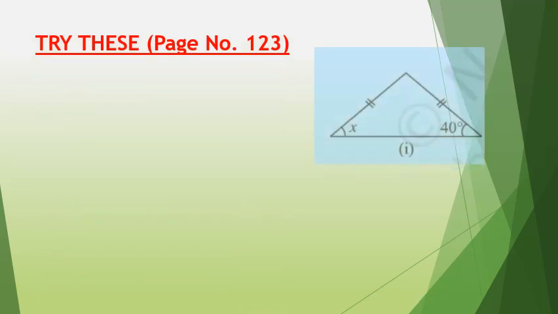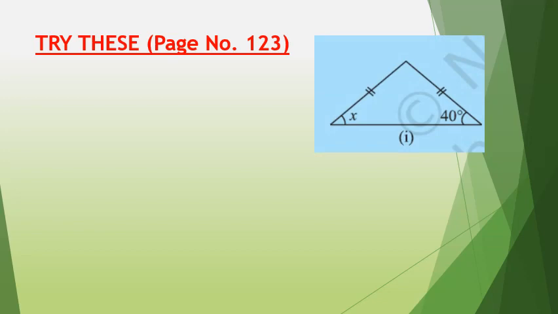Next, we will move to try these questions of page number 103. We have to find angle X in each figure. Here, look at the figure carefully. Which type of triangle is given here? Yes, it is an isosceles triangle. Now we can recall the properties of isosceles triangle.